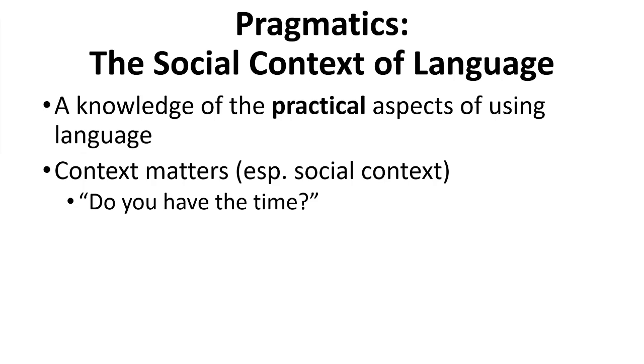So let's use the example here of, do you have the time? So first off, if somebody stopped you on the side of the road and asked, do you have the time? You might say yes, because you know that they're asking, what time is it? And the social implication is that they're asking you to tell them what time it is.